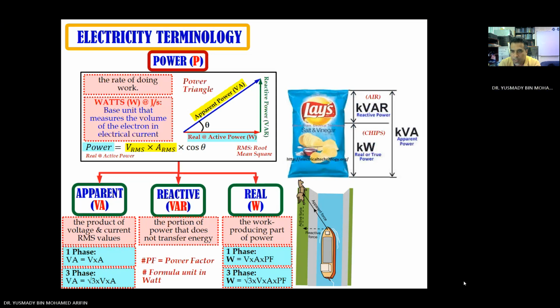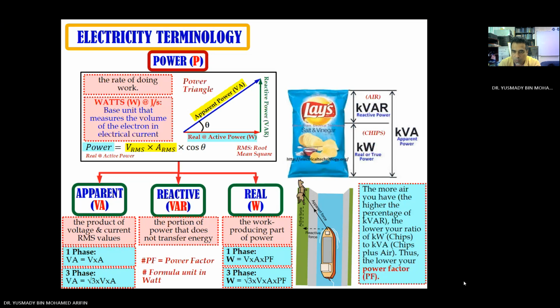And the combination of reactive power and real power gives apparent power. So the more air you have, the higher the percentage of kVAR, the lower your ratio of kW chips to kVA, chips plus air. Thus, the lower your power factor. So these are the power types.